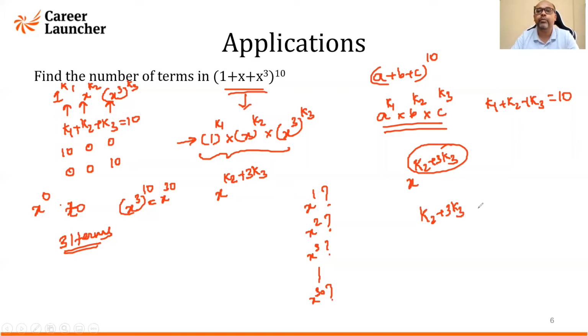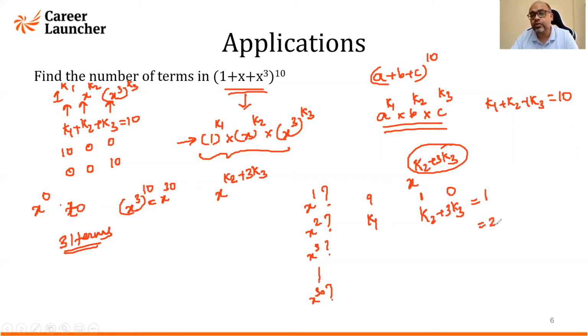What all are possible using this? Can you get 1? Yes. You put k3 as 0, k2 as 1. The remaining is k1. So if k3 is 0 and k2 is 1, then k1 will become 9, so that the sum of them is 10.